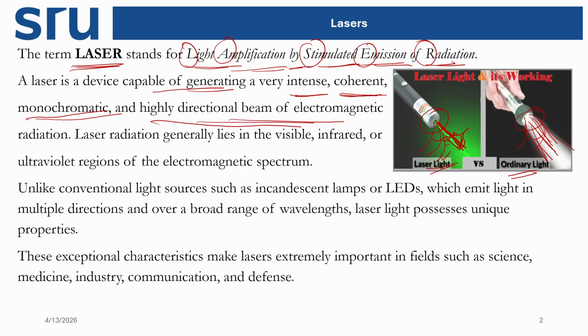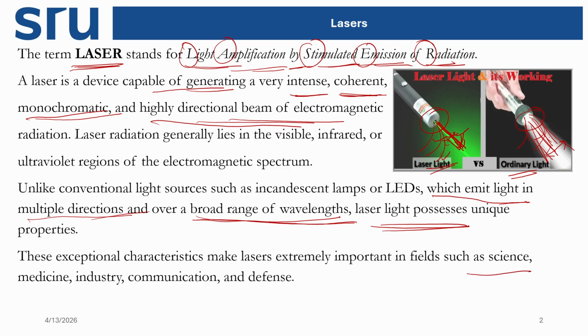These are the differences between laser light and normal light. Normal light emits in multiple directions, spread over the whole region, whereas laser light is seen in only one particular region. Different wavelengths are observed in normal light, whereas for laser light only one particular wavelength can be seen.